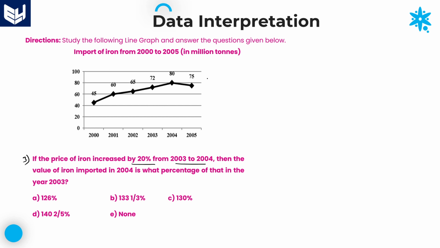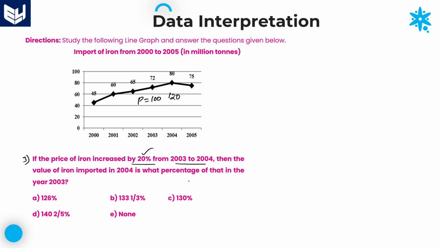So let us consider in 2003 the price is equal to 100. And in 2004 this particular value will be 120. Why? Because from 2003 to 2004 the value is increased by 20%. Therefore the 2004 price is 120. And the quantity in 2003 is 72 and the quantity in 2004 is 80.